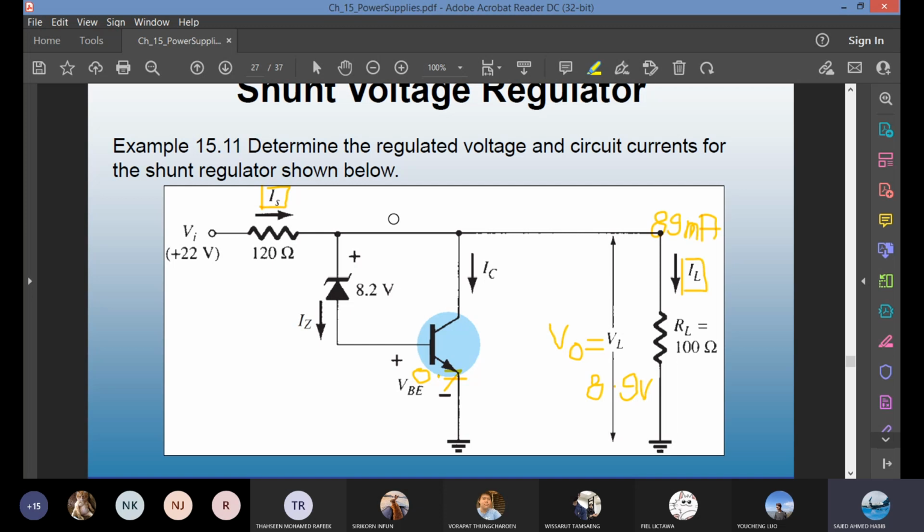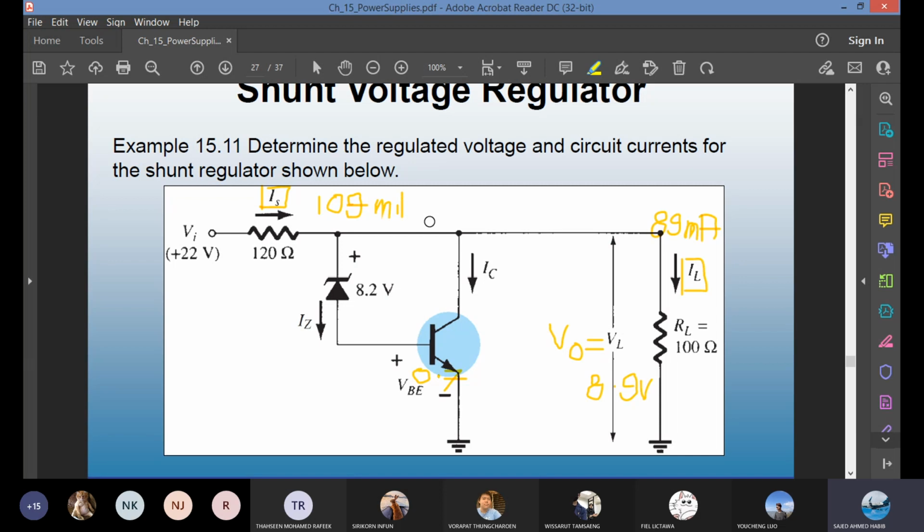Let me bring a calculator. It is 0.1092, 109.2 milliamps. We can write about 109 milliamp. That's the main supply current.